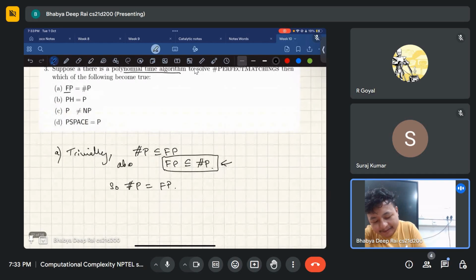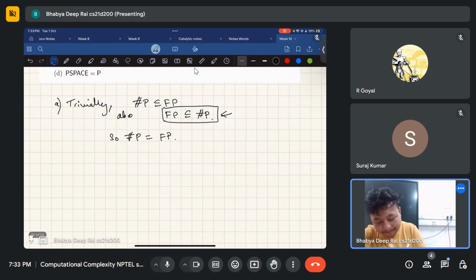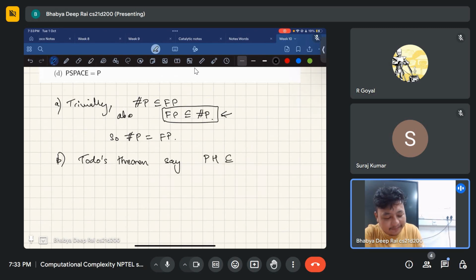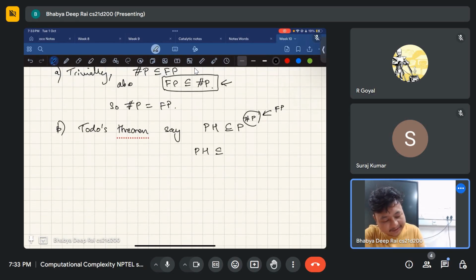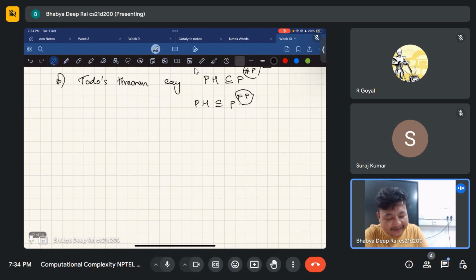Okay. Next, PH is equal to P. Yes, you're right, we are going to use Toda's theorem. It says that PH is contained in P to the Sharp-P. Now, Sharp-P is contained in FP, so PH is contained in P to the FP. Now, any computation that FP does, we'll do ourselves, since it can be done in polynomial time.